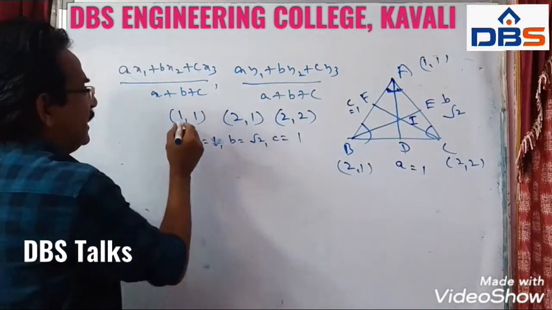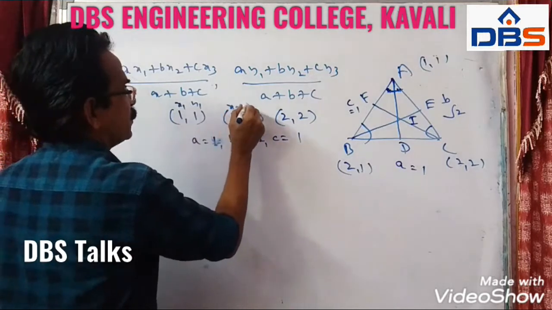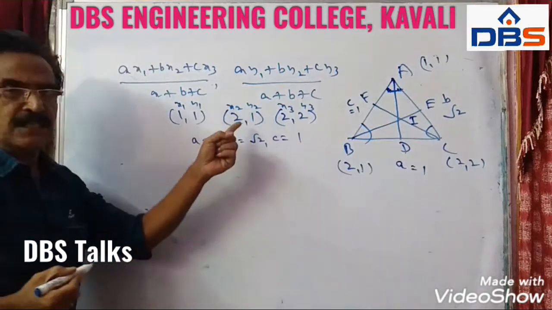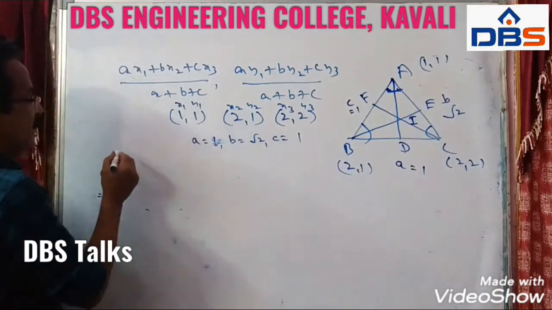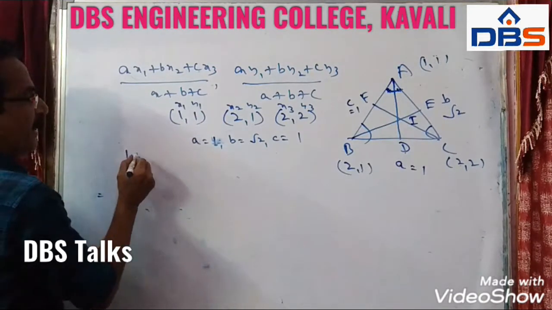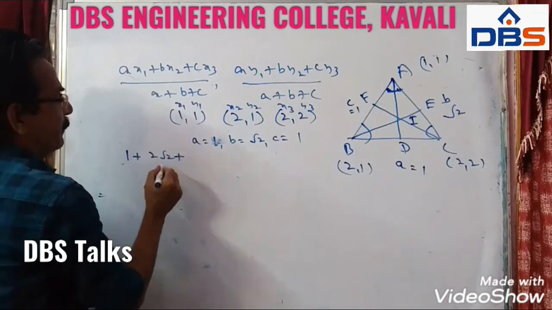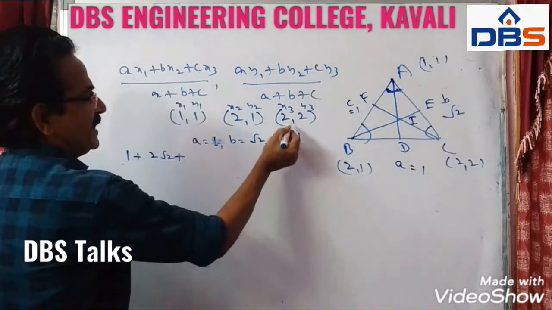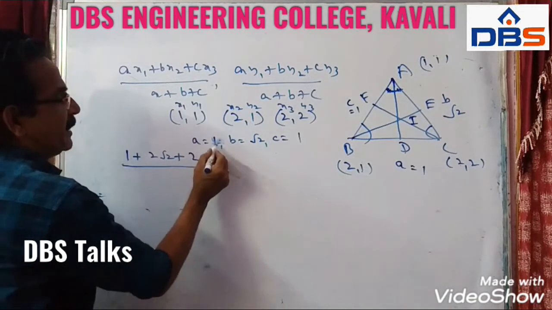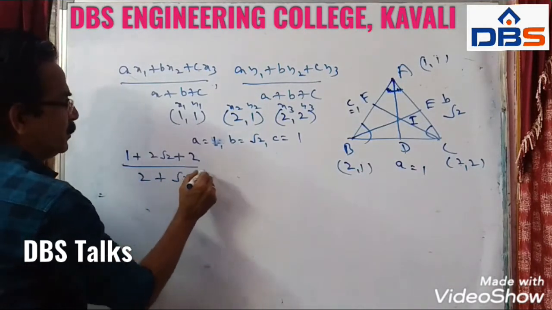Now this is x1, this is x2, this is x3. Now let us substitute the values. See, ax1: 1 into 1, 1, plus bx2: 2 into root 2, 2 root 2, plus cx3: 2 into 1, 2, by a plus b plus c, that is 1 plus root 2 plus 1, which is 2 plus root 2.